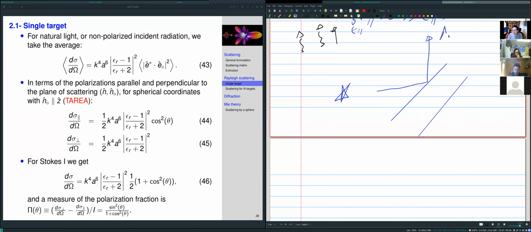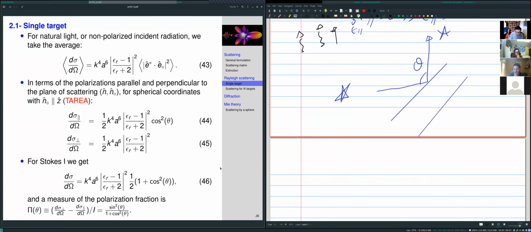So we are observing this direction. We have radiation hitting this surface here, and this is the angle theta. When we have non-polarized light from the star, it hits the surface and is reflected, and reflected light is necessarily polarized. So if you design an experiment where you can select only polarized light using polarizers, you'll only see the reflected light and you won't be bothered by the stellar radiation. That is really interesting.